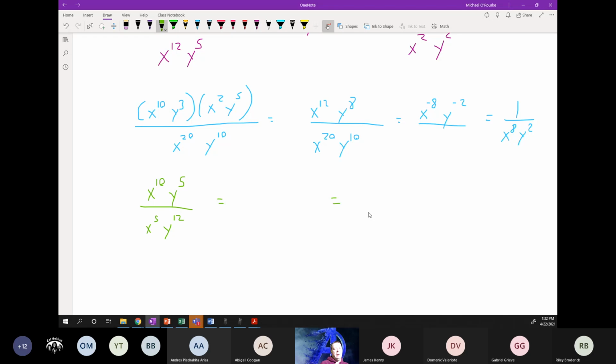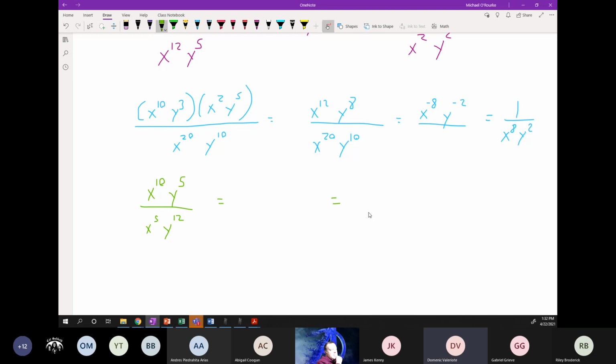Now remember, I want each of my exponents to be positive. Okay? So the hint here is they don't have to stay together. The x and y don't have to be beside each other in the end.